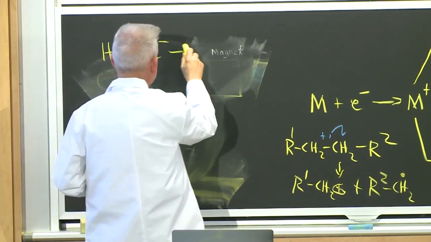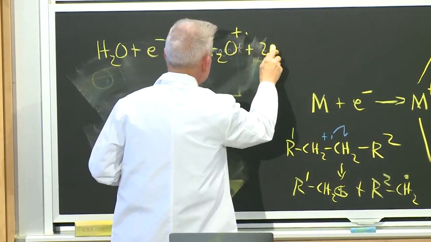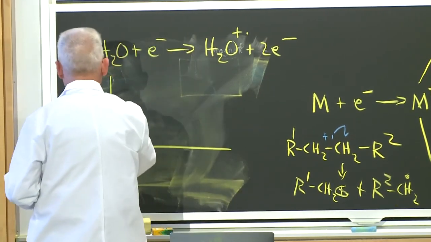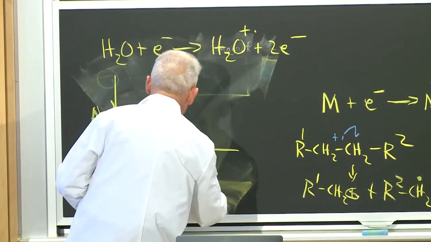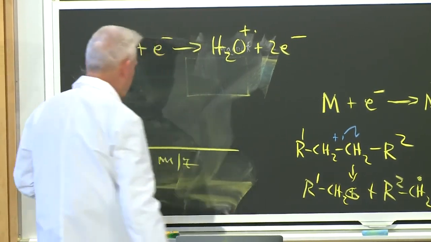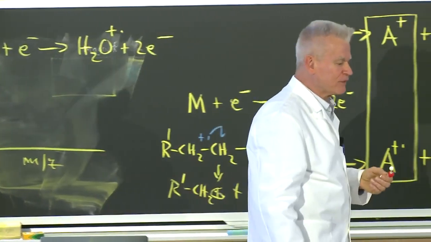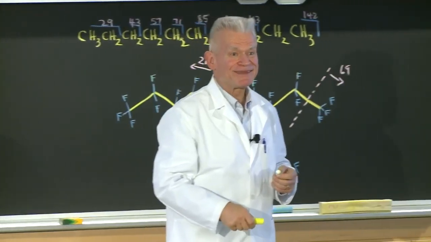So we're going to ionize some water. And we've got our abundance here and our mass to charge ratio. So what would you see in the mass spectrum of water? Which peaks would you see?